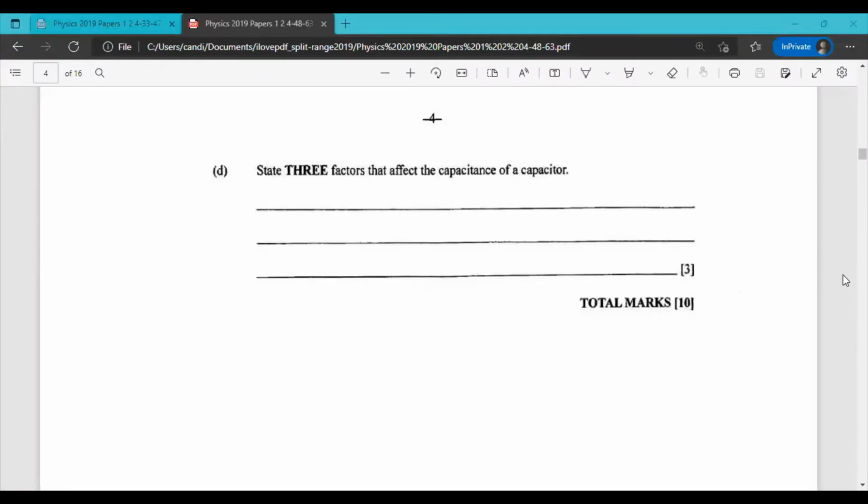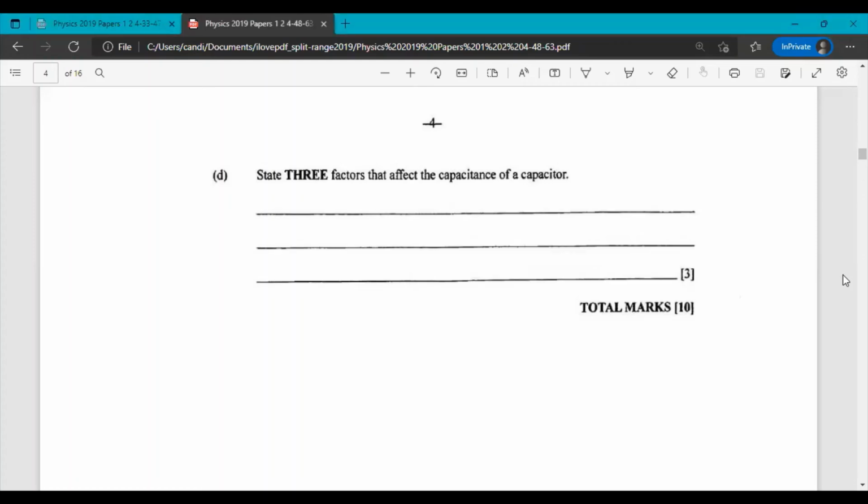Okay, and the final part of the question asks us to state 3 factors that affect the capacitance of a capacitor. So 3 things that we can do to the circuit that will either increase or decrease the capacitance of the capacitor or affect how much charge it can store. The first factor is the surface area of the plates of the capacitor. The larger the surface area, the greater the capacitance.